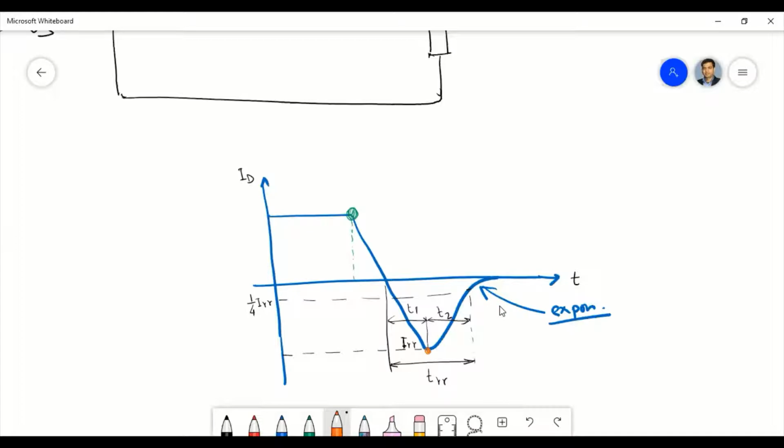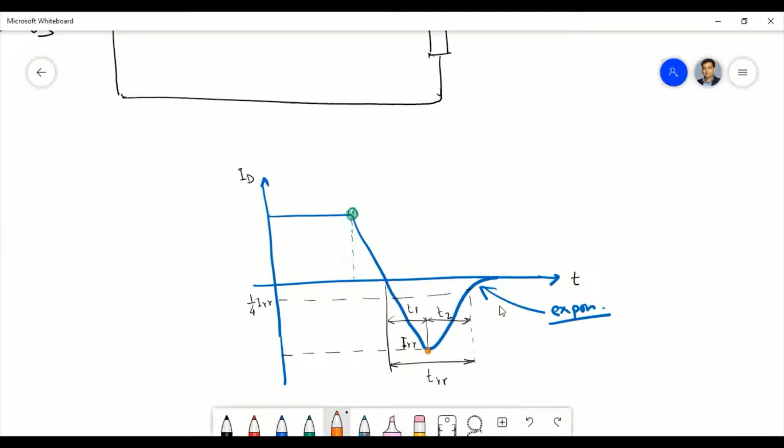Then only it becomes reverse bias. Otherwise, it cannot be reverse bias, because if there is some excess charge carrier present in this drift region, it cannot be reverse bias. So in the reverse bias condition, there should not be any excess carrier.